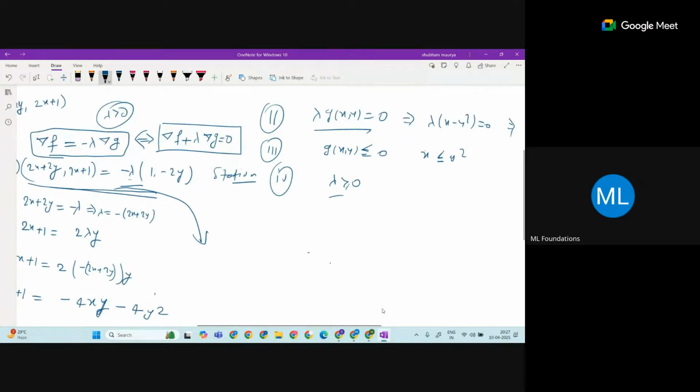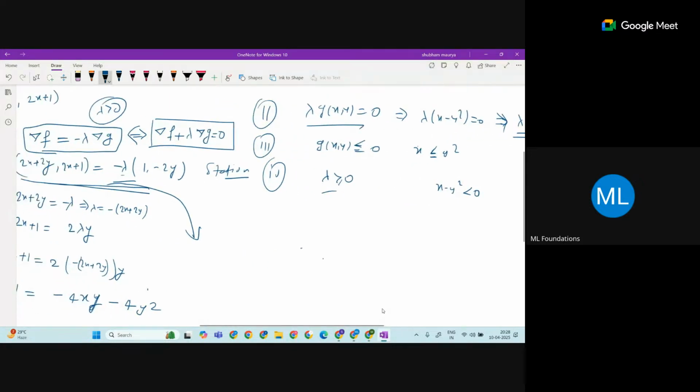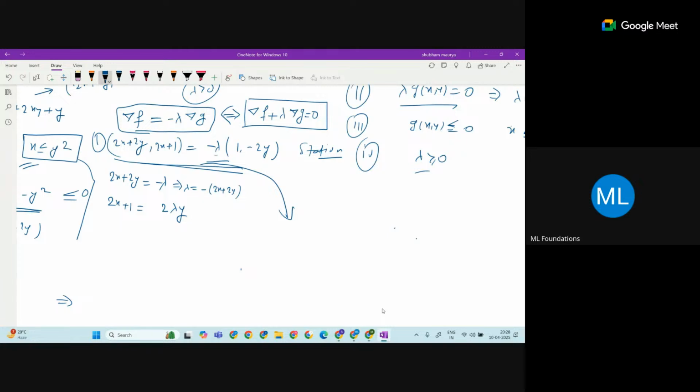So this is the case when x minus y square is less than 0. You are not including equal to 0, only less than. Yes, sir. In this case, we get lambda is equal to 0. So from 2x plus 1 plus lambda terms, lambda is 0, so x is equal to minus 1 by 2.